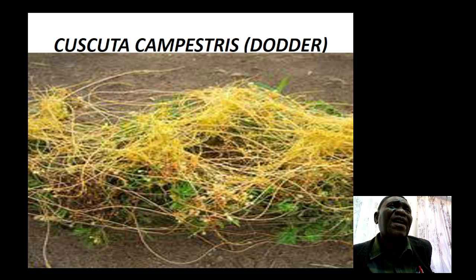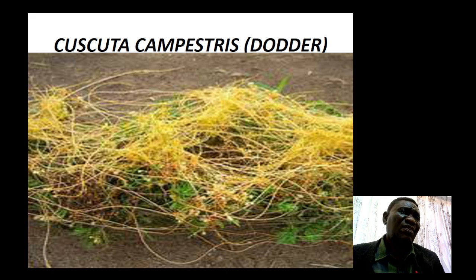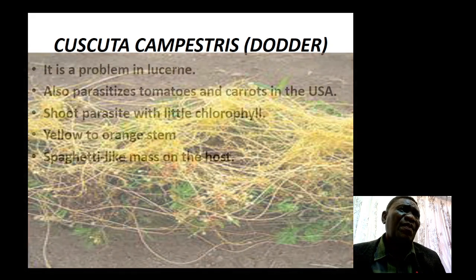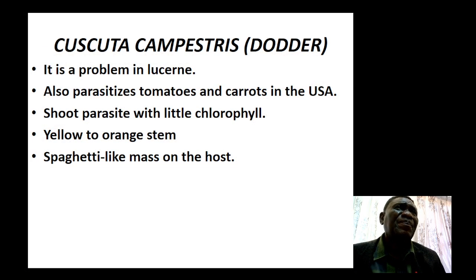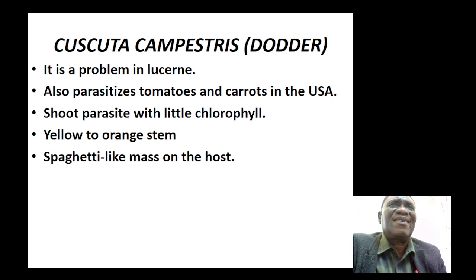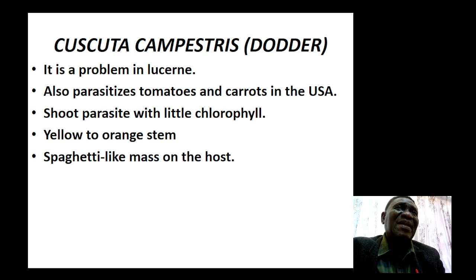Now, Cuscuta campestris looks like spaghetti. This is actually attached to the shoot of the host. This parasitic weed, Cuscuta campestris, or dodder, is a problem in lucerne.